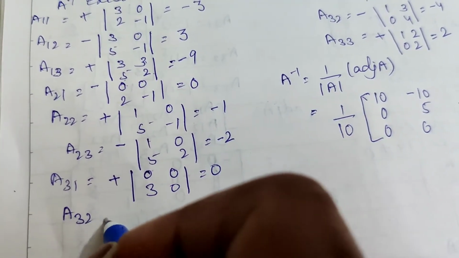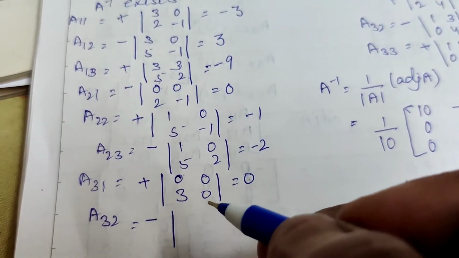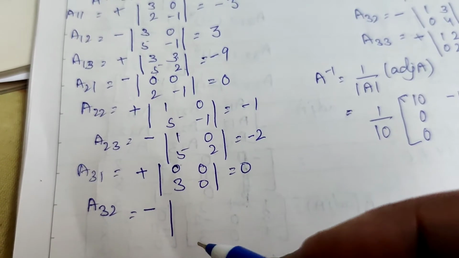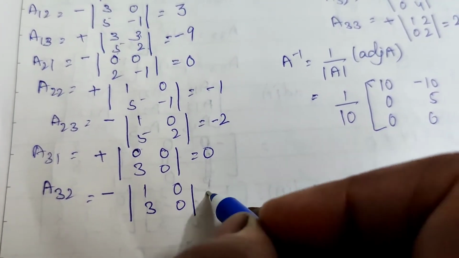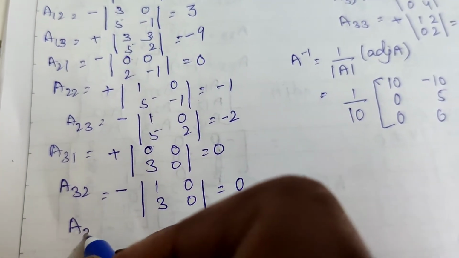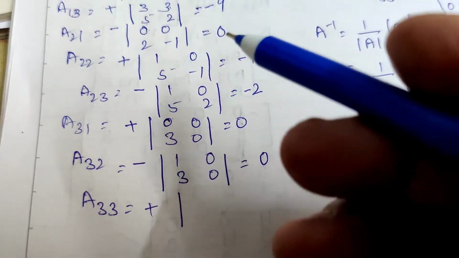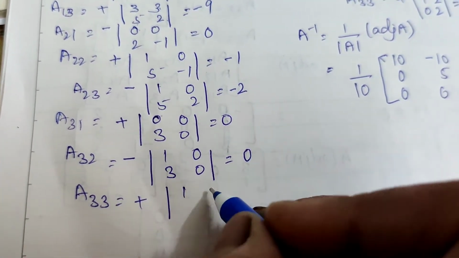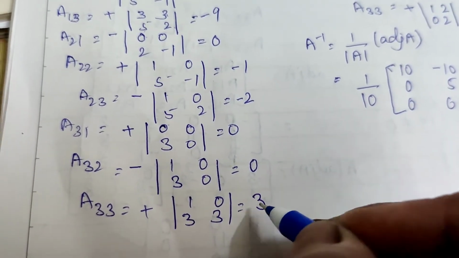A32, minus, third row second column, 1, 5, 0, 2. It is equal to minus 2. And now A33, plus, third row third column, 1, 3, 0, 3. It is 3.